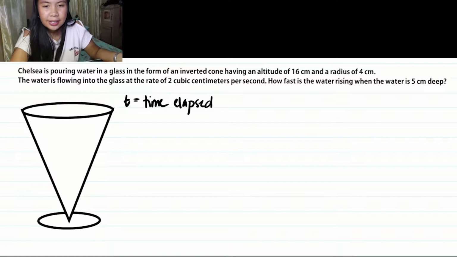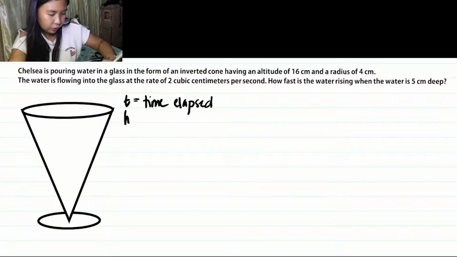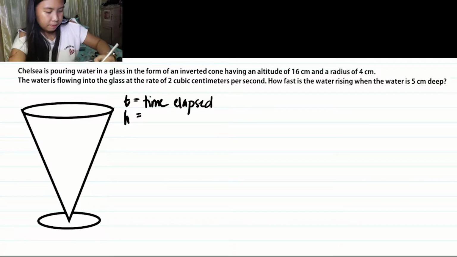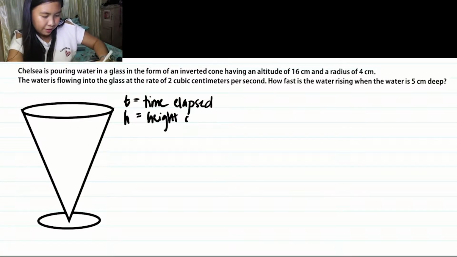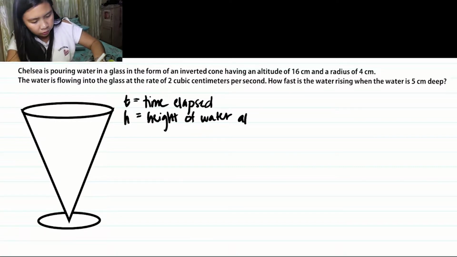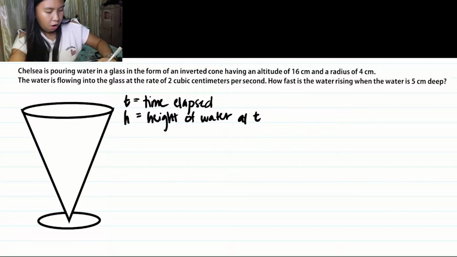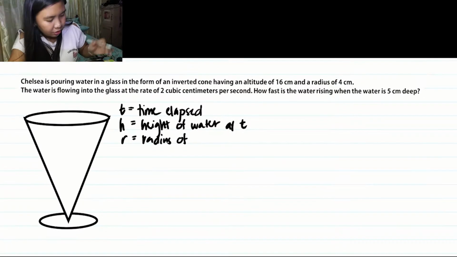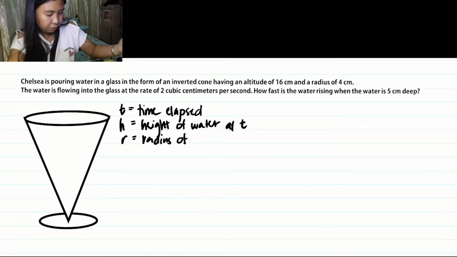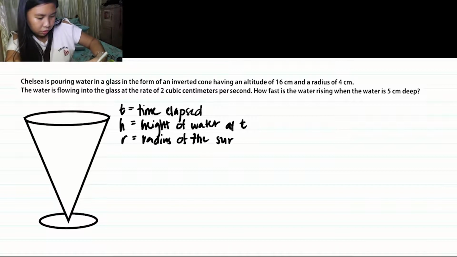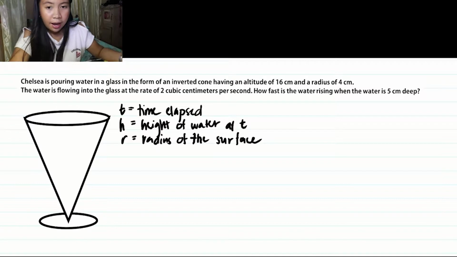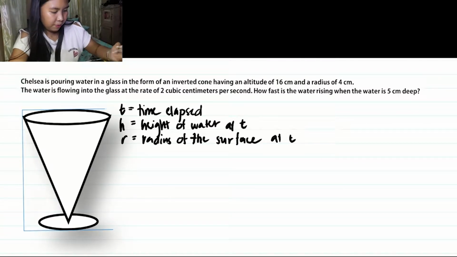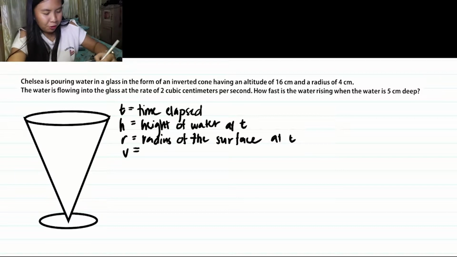Then we will let H be the height of the water level at T. Then R be the radius of the surface of the water at time T. Then V be the volume of the cone.